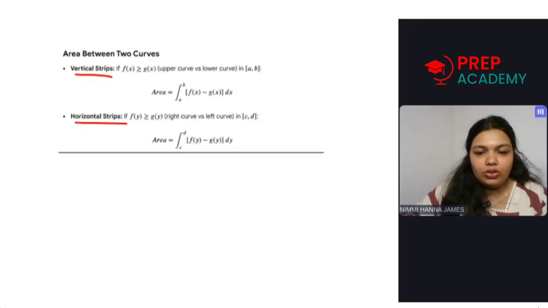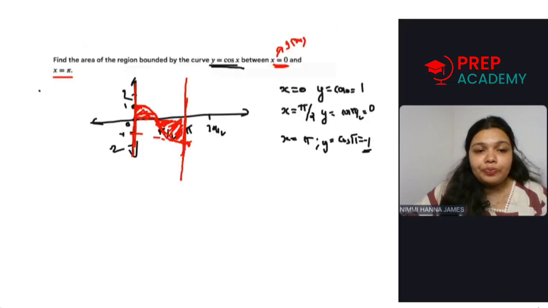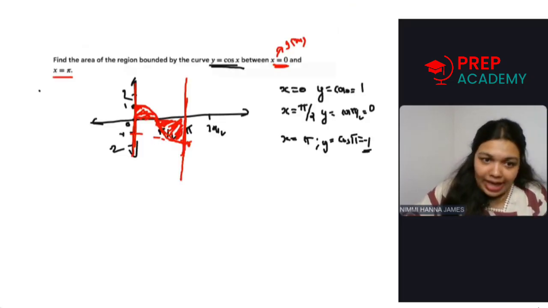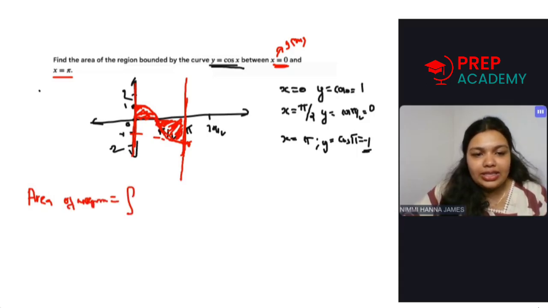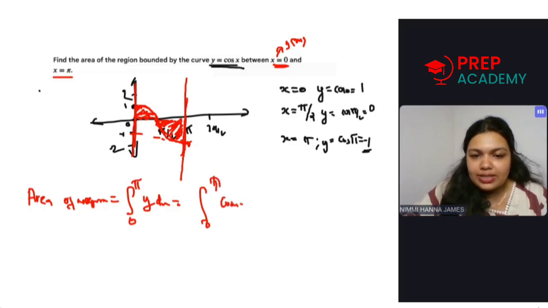So what we are going to do is split it, that is, from 0 to pi by 2 and from pi by 2 to pi. So the area of the region is the integral 0 to pi y dx, that is, integral 0 to pi cos x dx.